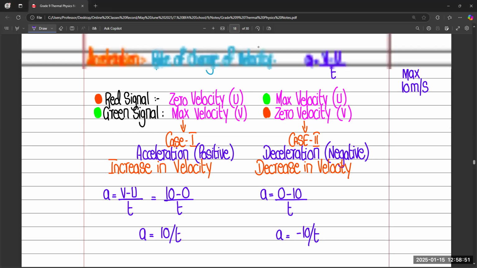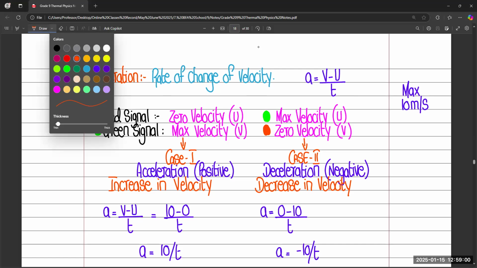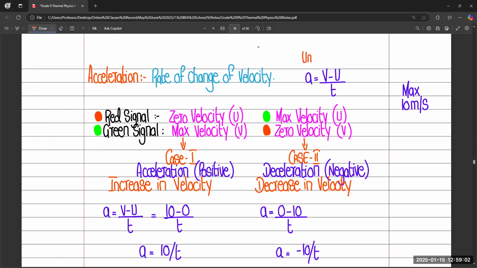And one more thing related to acceleration, the SI unit. The SI unit of acceleration is meter per second square. In short, meter per second square, like this. Okay.